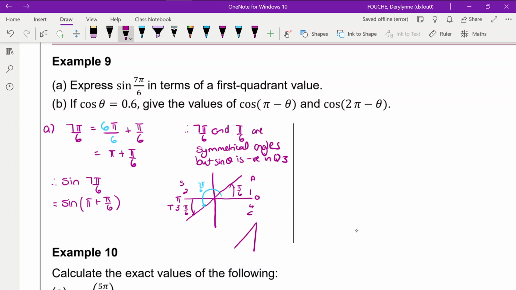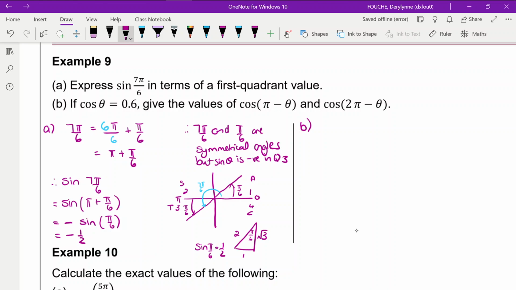And my angle pi on 6, if I look at my triangle, sine of pi on 6 is going to be a half. So in my first quadrant, sine of pi on 6 is a half. So sine of pi plus pi on 6 is going to be negative sine of pi on 6 because they're symmetrical angles, and sine of pi on 6 will be a half, so that answer is negative a half.